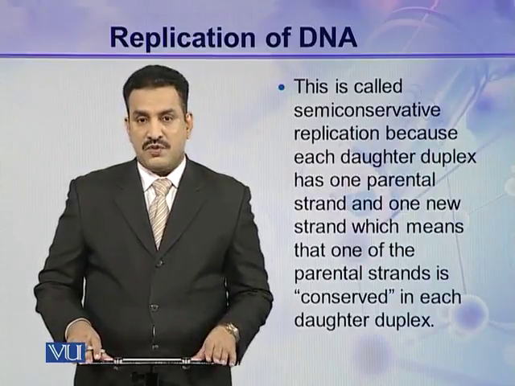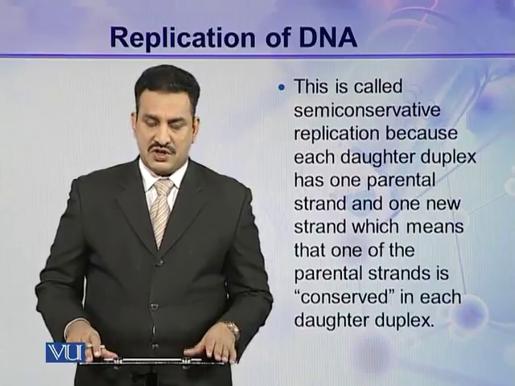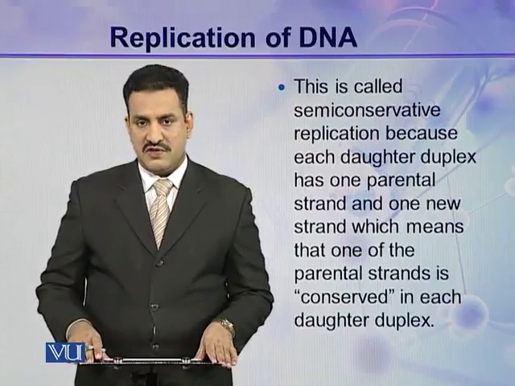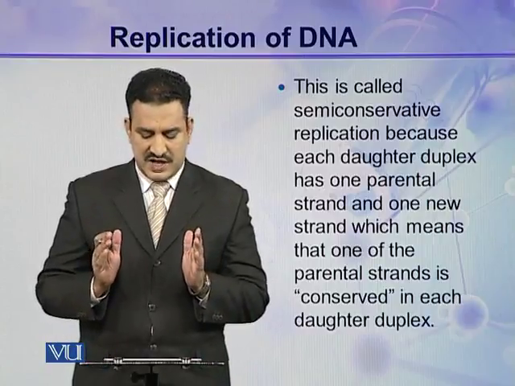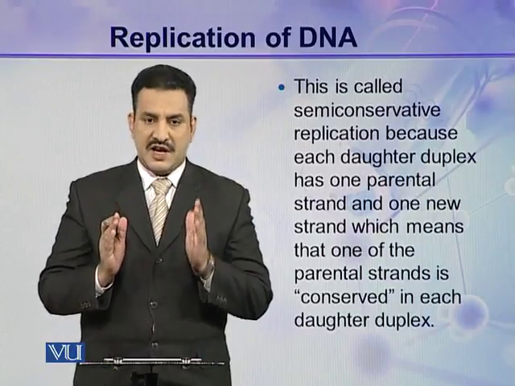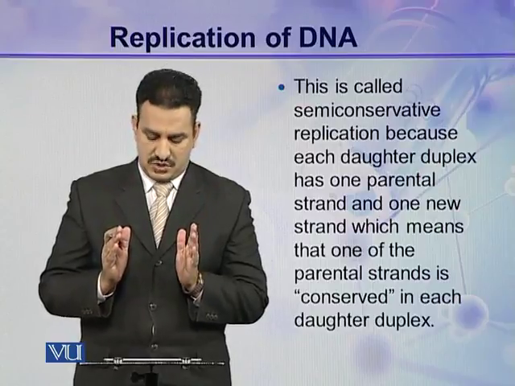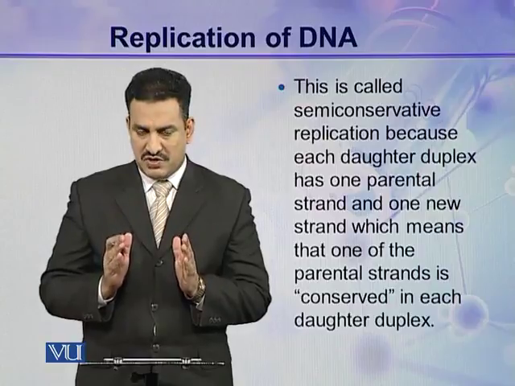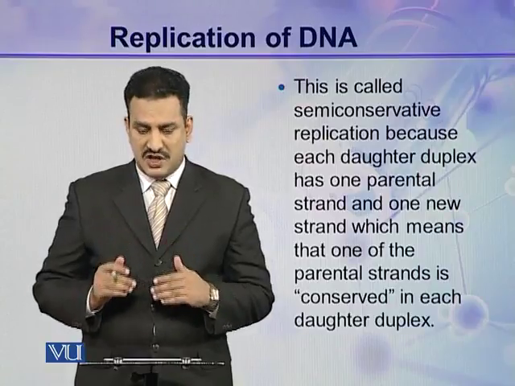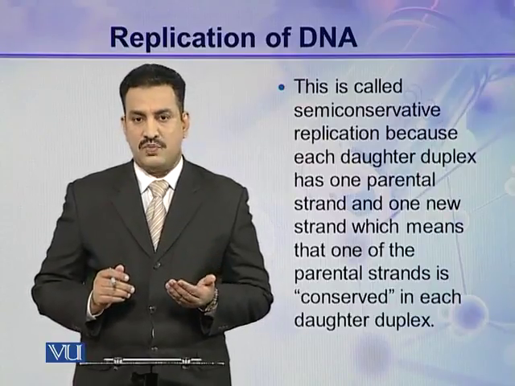So this type of replication is called semi-conservative replication, because each daughter duplex has one parental strand and one new strand. So it means that one of the parental strands is conserved in the daughter duplex.